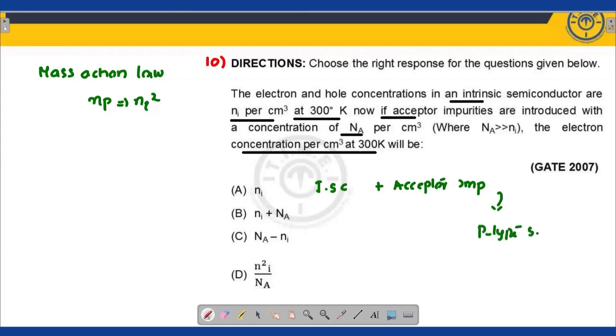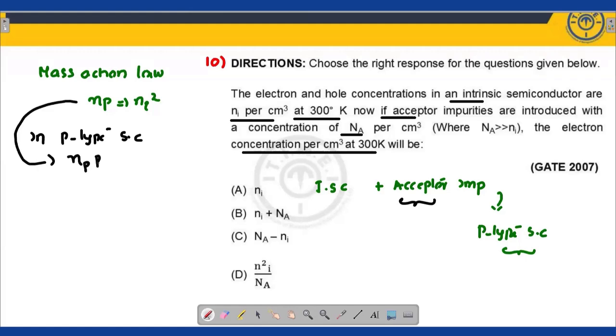Now, my dear friends, in a P-type semiconductor, the electron concentration is asked. Acceptor is nothing but what, my dear friends? Trivalent impurities. So this formula will be changed here.